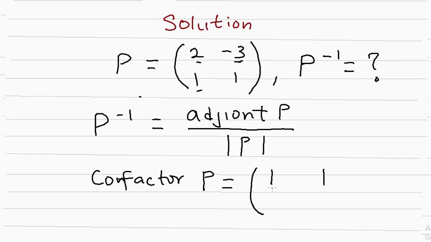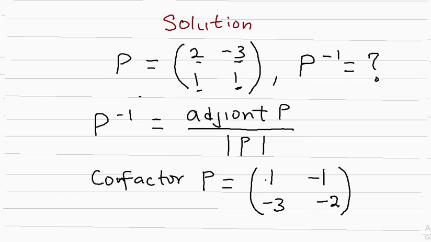The very first element, at column 1, row 1, is positive, the second is negative, the third is positive, and the fourth is negative. So positive of minus 3 still gives minus 3. Here the minor is 2, and the negative of that is minus 2.